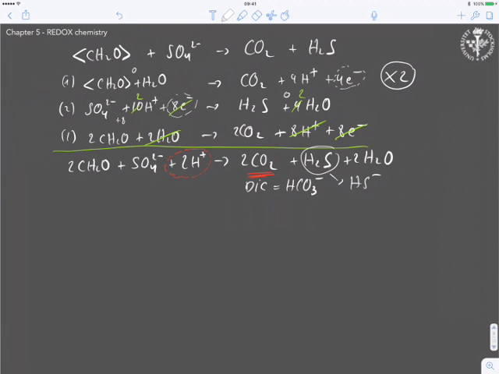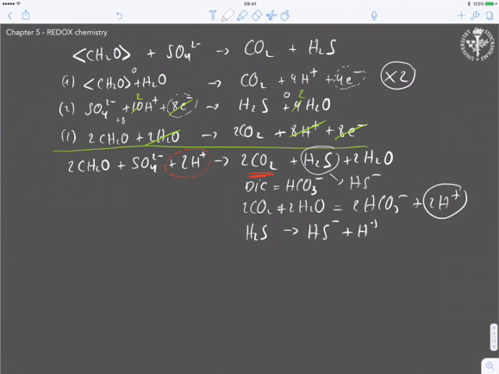And okay, now we have 2 CO2 plus 2 water will give you 2 HCO3 minus plus 2H plus. Same way here, we have 1 H2S that will give you 1 HS minus plus H plus.